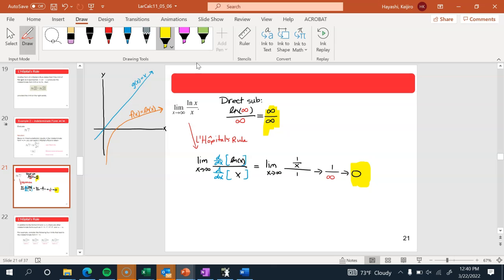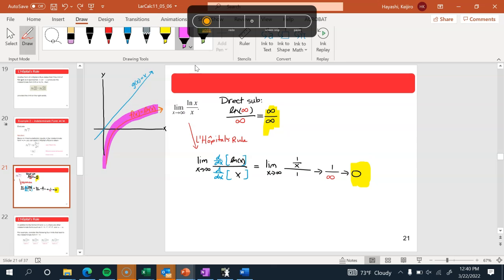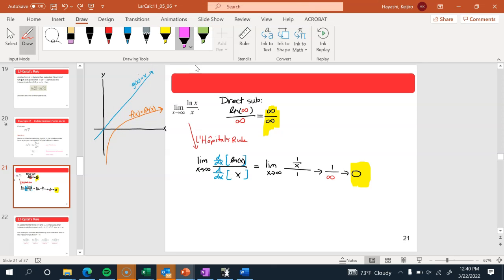And part of the reason why this limit is 0 is, if you take a look at this quotient and what the numerator and denominator are doing, that x on the denominator is growing much faster when you're going off to infinity.